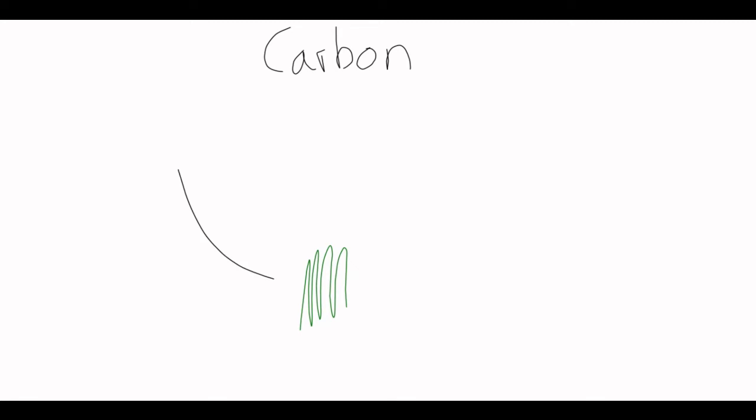Another cycle we talked about is the carbon cycle. And the carbon cycle is a little more straightforward than the nitrogen cycle. So you have plants, right? And the plants take in sunlight and carbon dioxide.